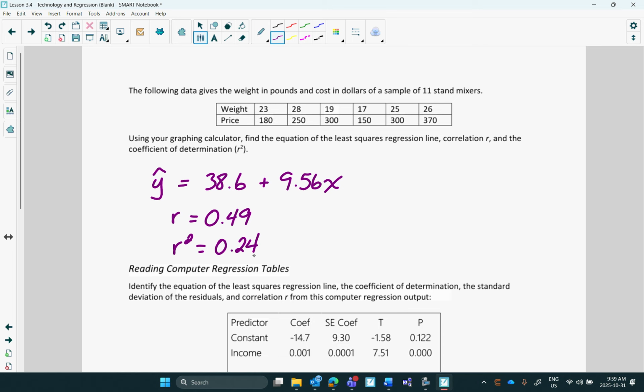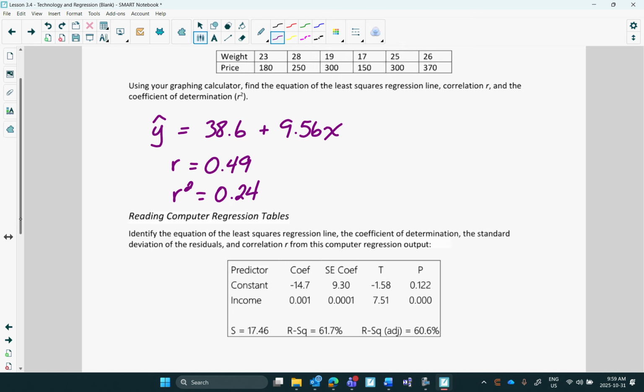Sorry, just give me a second. Oh, I didn't turn it on. No, I'll have to look at that. Okay, we'll leave that for the time being.